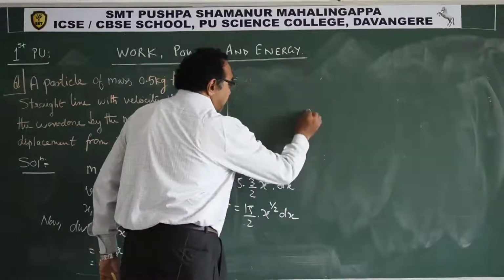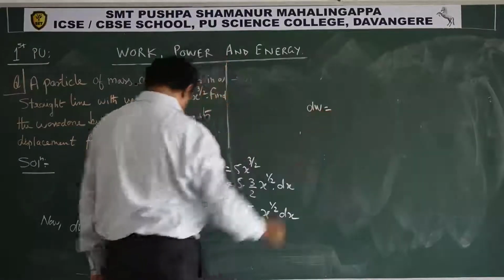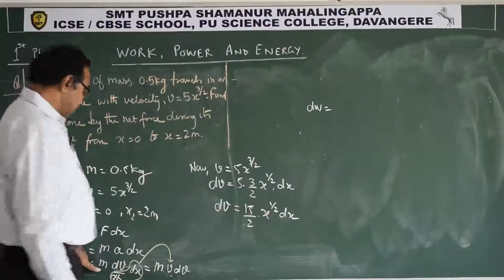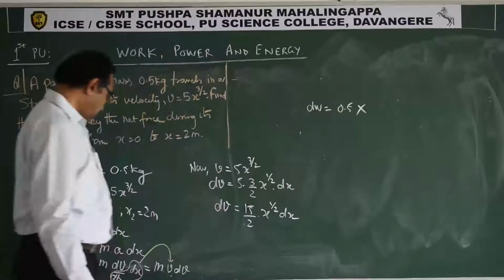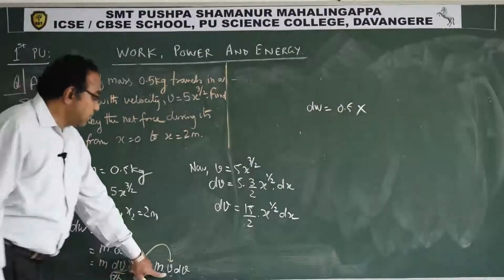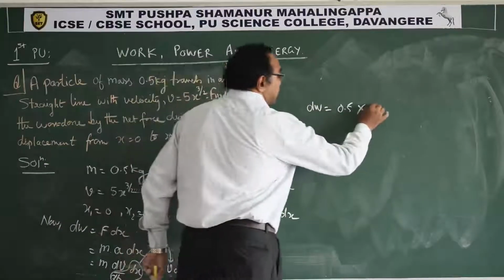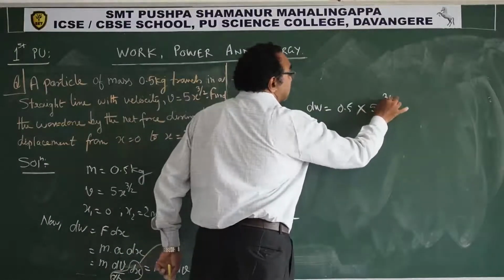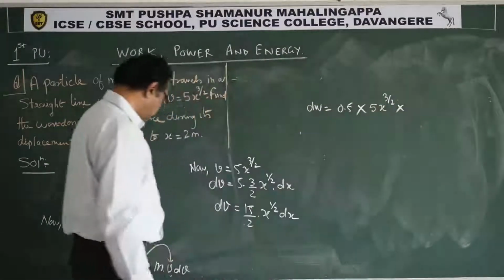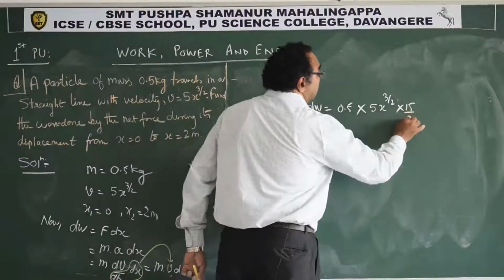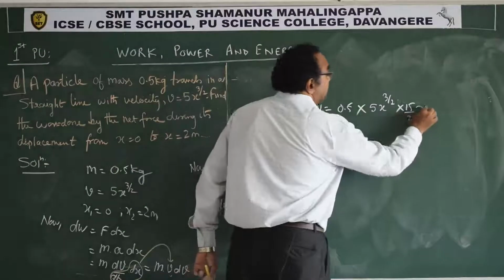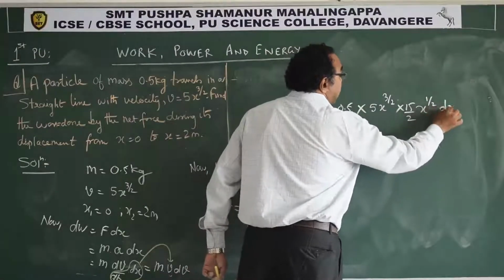So what we can say, dW is equal to m, mass is 0.5, into v, v is 5 x power 3 by 2, into dv, dv is 15 by 2 x power 1 by 2 dx.